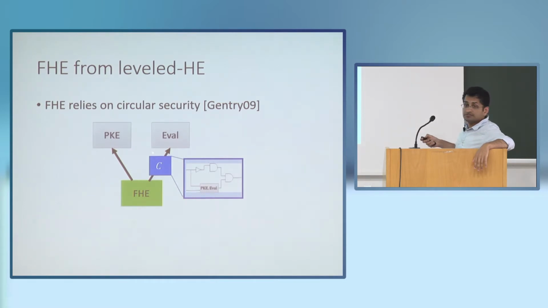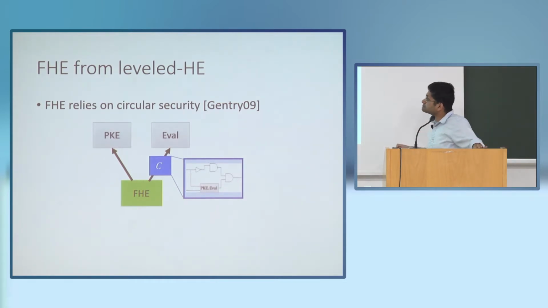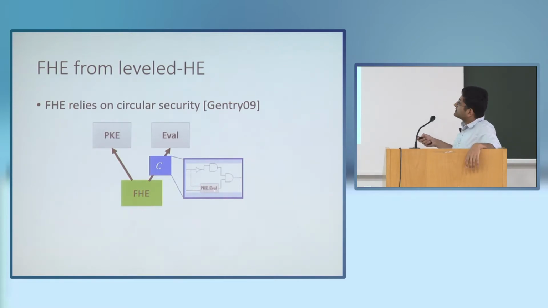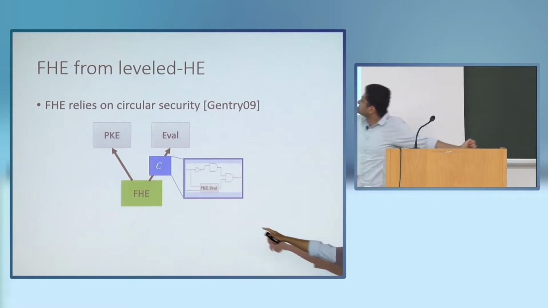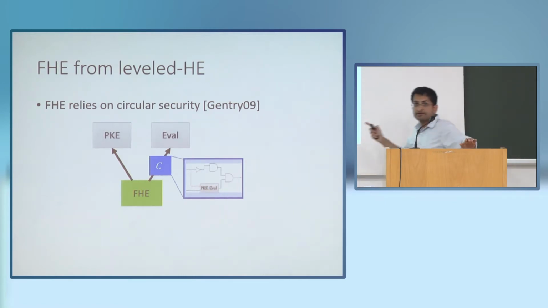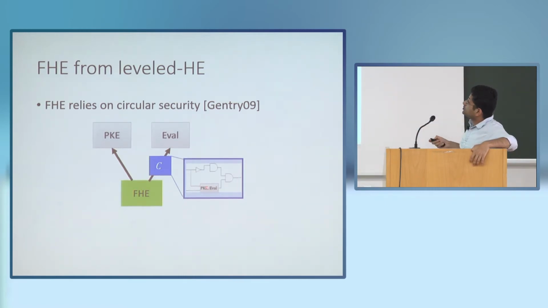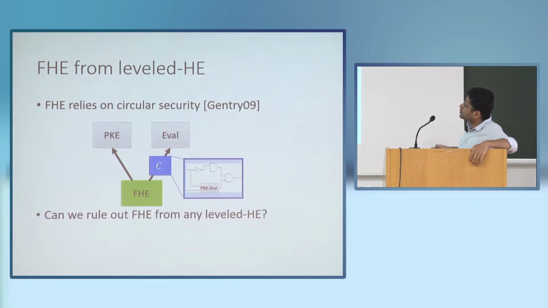The evaluation algorithm takes arbitrary circuits as input, and you could plant all kinds of gates. So when I say PKE, it means setup, encrypt, and decrypt, all 3 of them. So you could plant all 3 gates as well as evaluation gates in the circuit and feed it to eval. Okay? And the question I want to ask is, can we rule out FHE from any leveled homomorphic encryption?